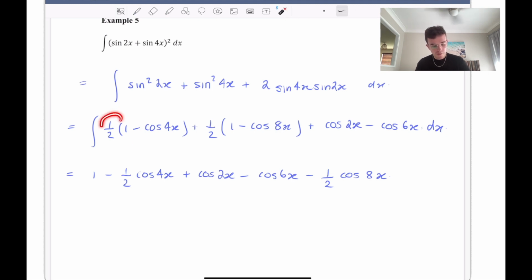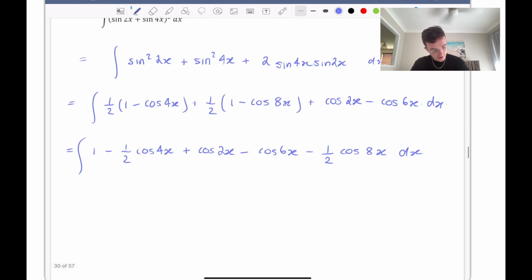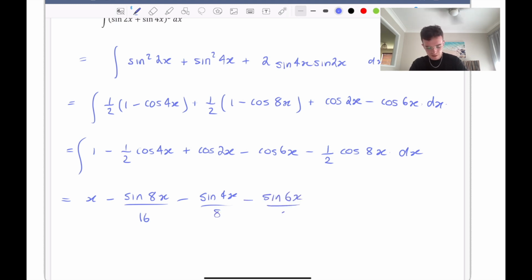The 1 comes from a half plus a half. And we're integrating that, put a dx on the end, and very easy to integrate. That's just going to be x minus sine of, I'm going to write them in order, so 8x on 16 minus sine 4x on 8 minus sine 6x on 6 plus sine of 2x on 2 plus c.